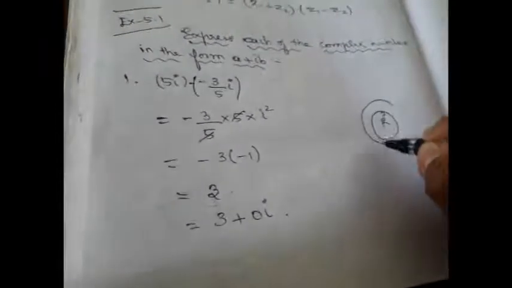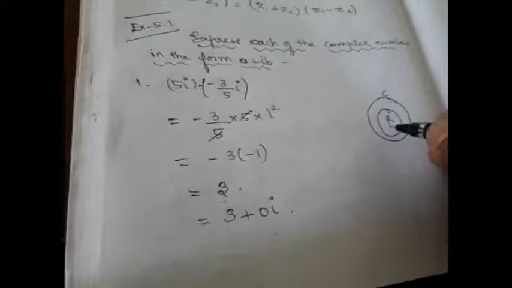If this is your real number system and this is your complex number system, every real number is a complex number. This is the z equal to a plus ib form. Every real number can be expressed in the form of a plus ib by replacing b with 0. Hope you understood. Let us see the next question now.